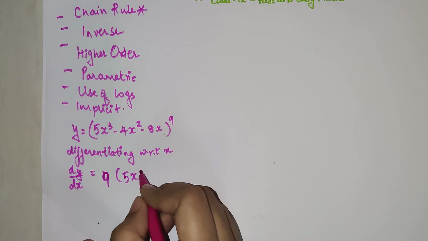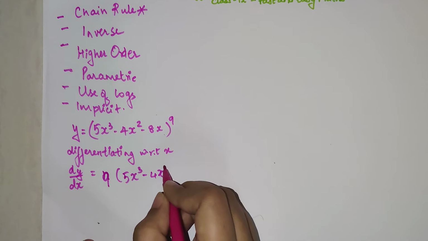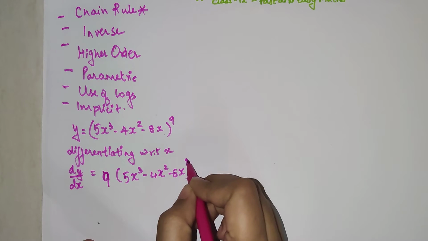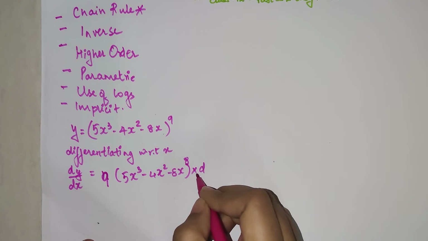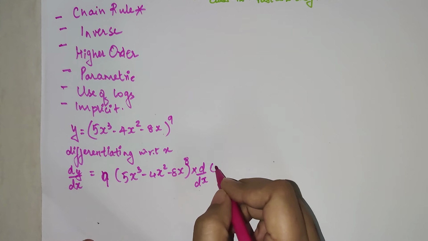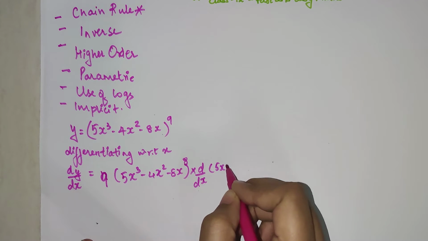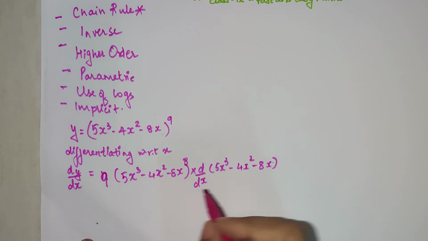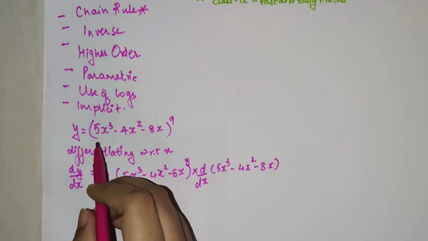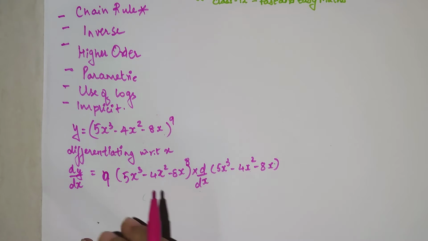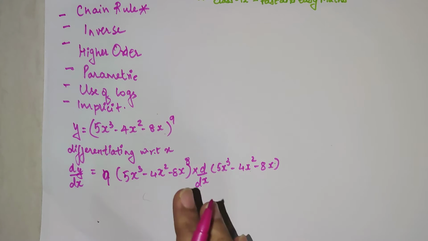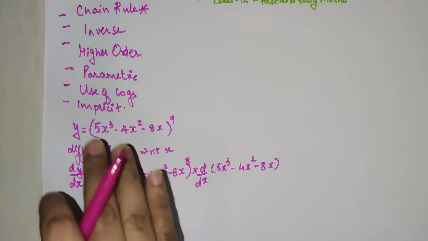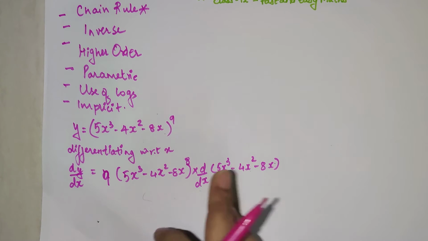So here we are just going to continue writing the whole bracket (5x cube minus 4x square minus 8x) the whole raised to n minus 1. So 9 minus 1 is 8. But here students, you will further differentiate the whole bracket, because as we all know that here we didn't have just x, we had a function of x. Okay, so whenever you have something which is not straightforward, if this was x raised to 9, your answer would have been 9x raised to 8, right? But since there was a function in x, so here we are going to again differentiate it.